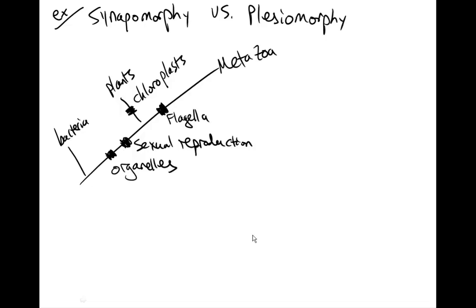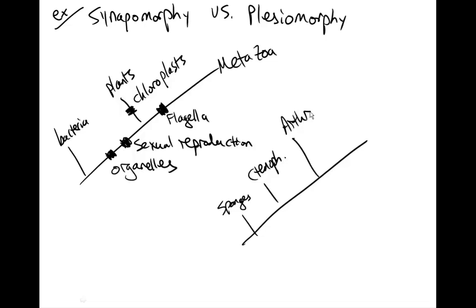Let's draw a different cladogram, in which case we've got sponges. So these are all metazoans. Ctenophores. Arthropods. Echinoderms. And vertebrates. So all of these are taxa that we'll be dealing with. And in this case, let's draw in a flagellum.